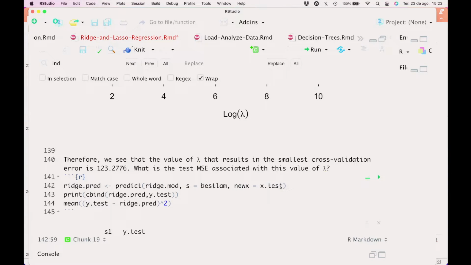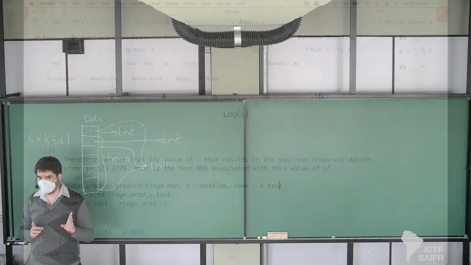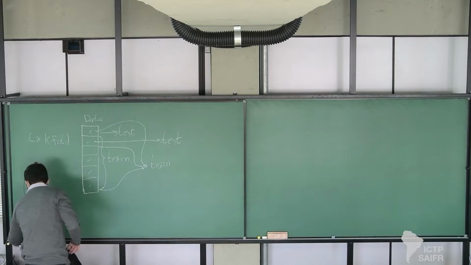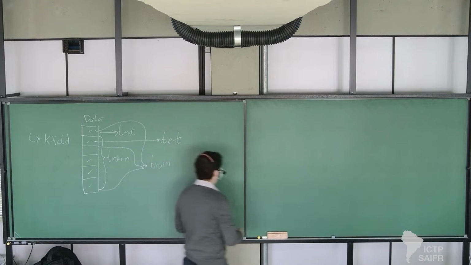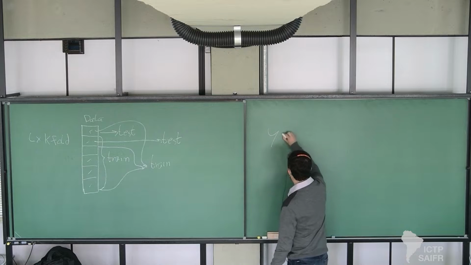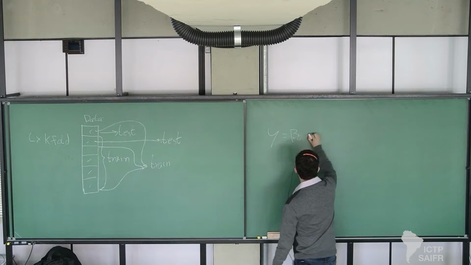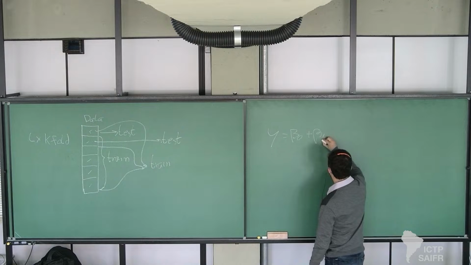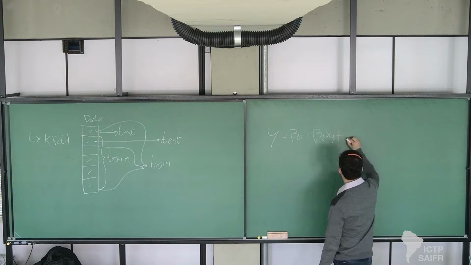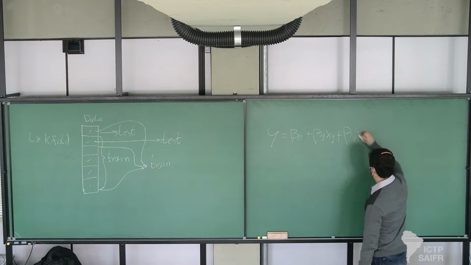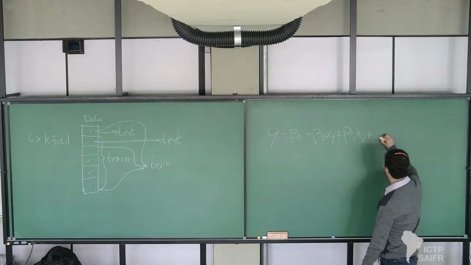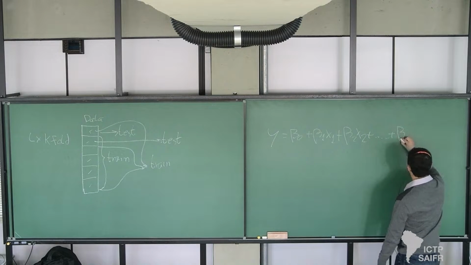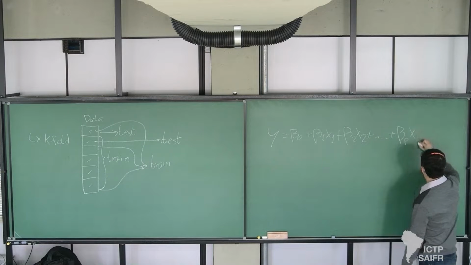Remember, when I am getting my best lambda, see here, I'm going to draw something. So y equals beta 0 plus beta 1 x1 plus beta 2 x2 plus and so on, plus beta p x p.